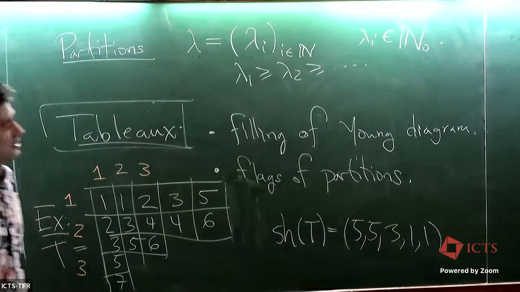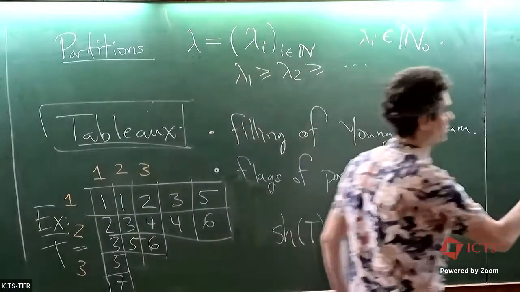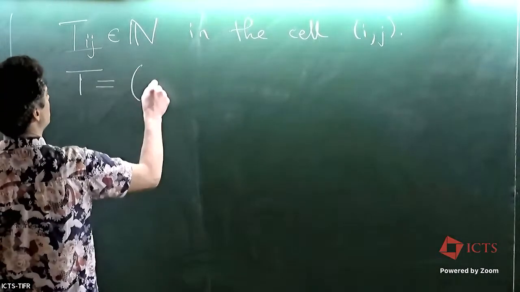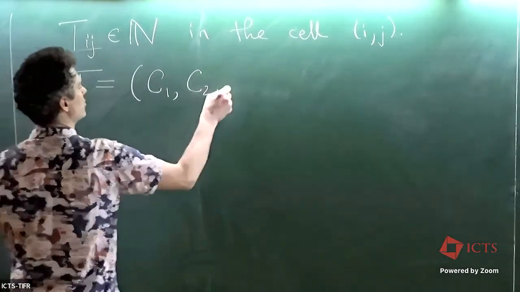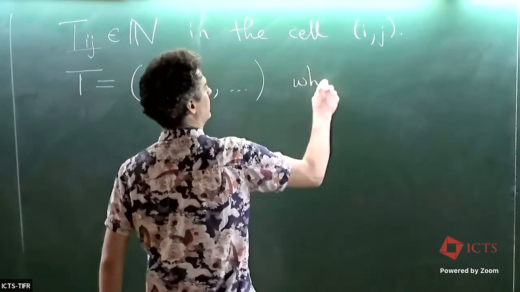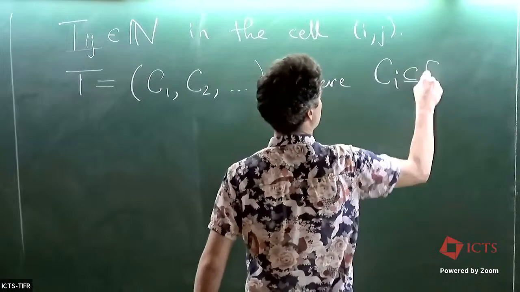Okay, it might not exist. Anytime I refer to a T_ij, I'll assume that it exists, and if not, then the condition will just not be important at all. So T_ij is the ij cell, and what we're going to do is write T as a sequence C1, C2, C for column, where C_i is a subset of n.